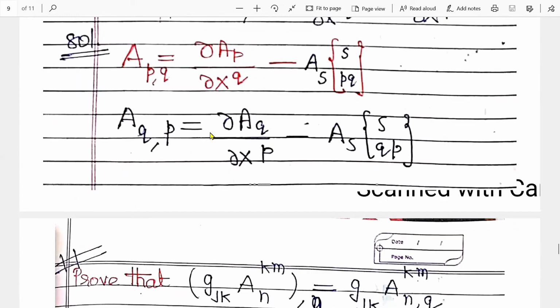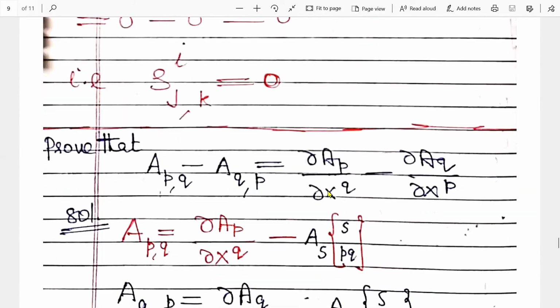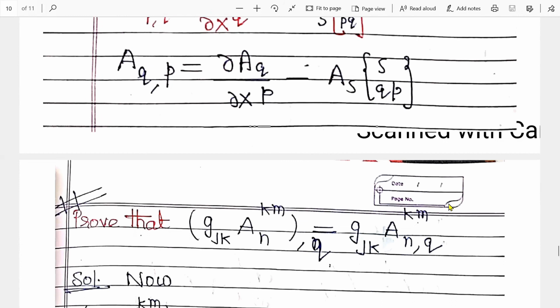Similarly, in the case of this, just change P and Q. This will be right. Now these terms are same. So when we subtract this term from this, we get curly AP curly XQ minus curly AQ over curly XP. So this is our result, a very important result.